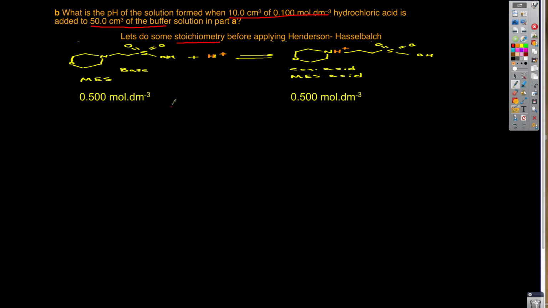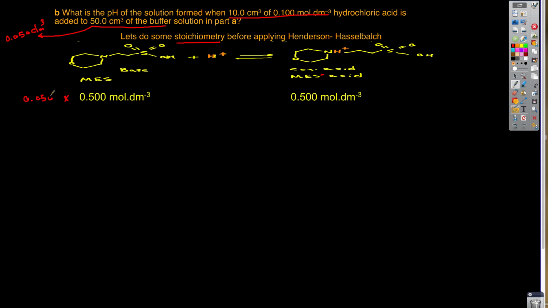So what we are going to do is say, look, we have this concentration of MES, and this concentration of MES acid was also there. We have 50 cm cube of this. So if we multiply by the volume, remember 50 cm cube divided by 1000 is 0.05 decimeter cube. So centimeter cube becomes decimeter cube.